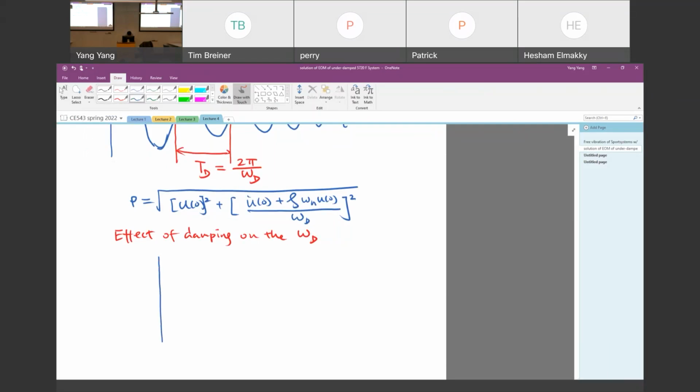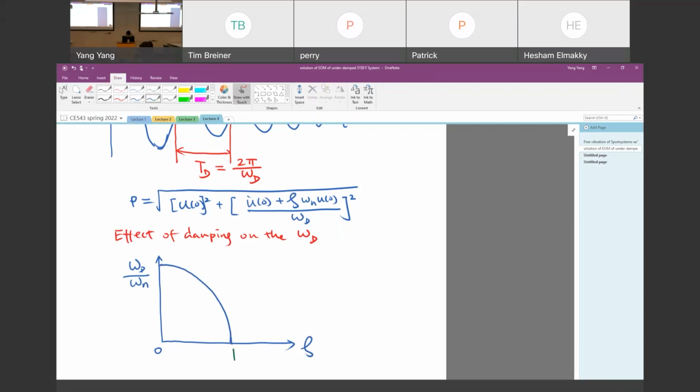If we plot the ratio between omega d and omega n as a function of the damping ratio, this will be a quarter circle.